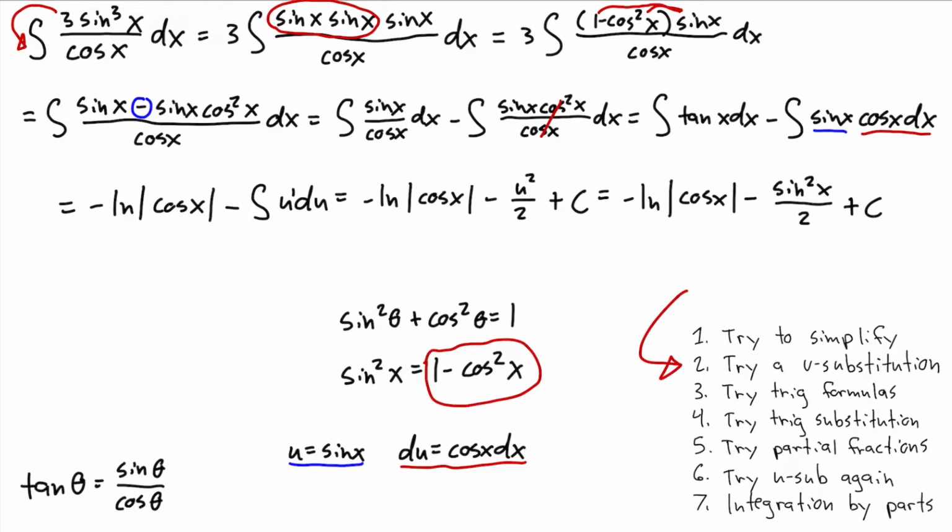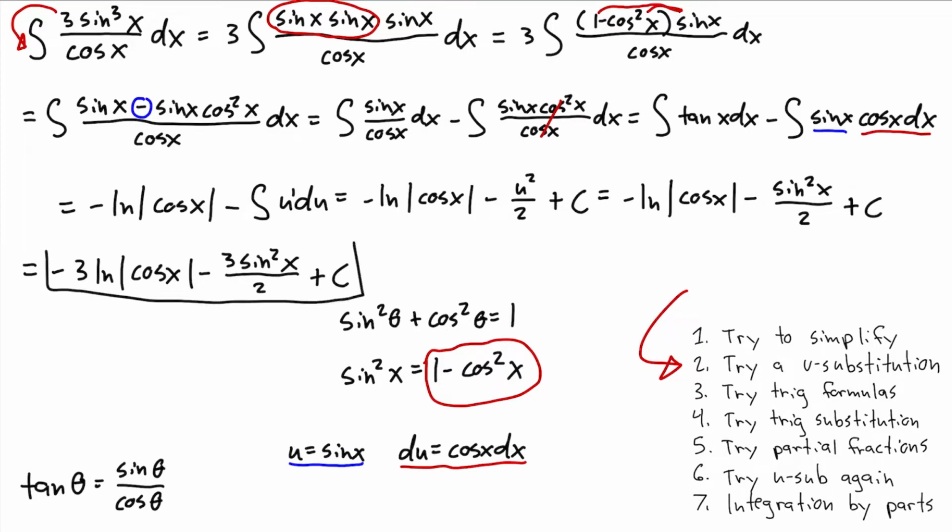And the real answer is, after we multiply everything by 3, it's going to be negative 3 natural log of cosine of x minus 3 sine squared of x over 2 plus c. And that, folks, is the absolute answer of this problem.